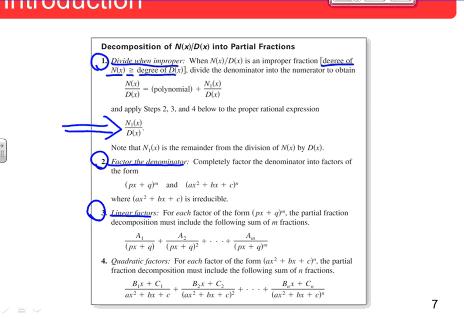If you have a linear factor like x plus 3 to the third, then as your partial fractions you have to have something over x plus 3, something over x plus 3 squared, and something over x plus 3 to the third. You'll see that as we go through. And if there's a quadratic factor, then the numerator of the partial fraction is like bx plus c. If that's raised to a higher power than 1, then you have to have multiple fractions that match that.